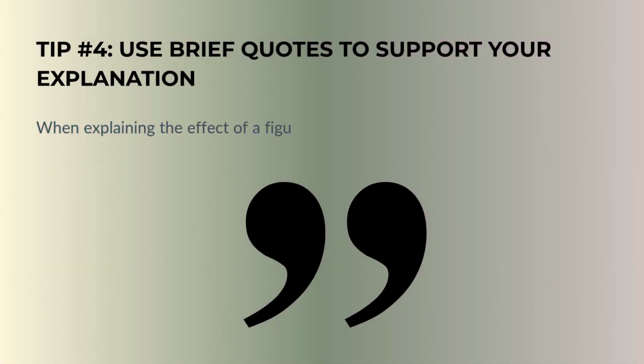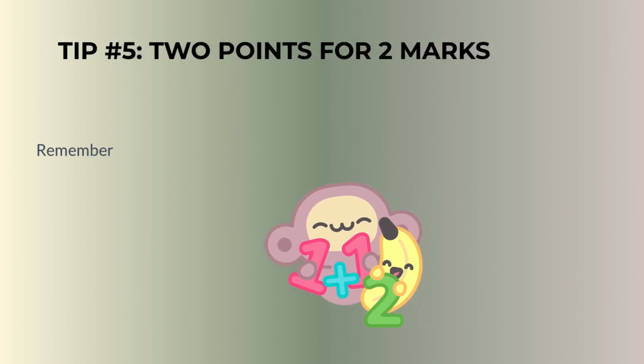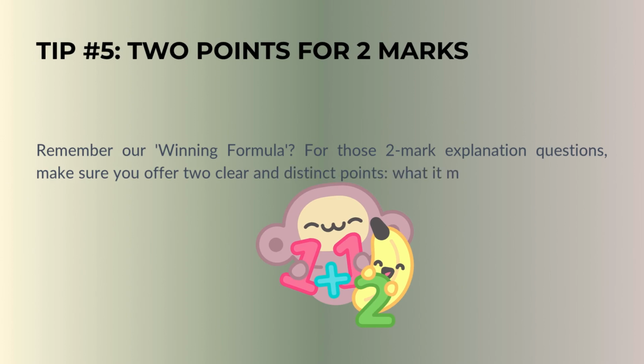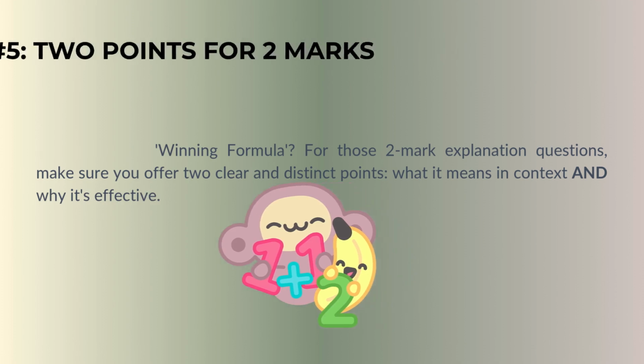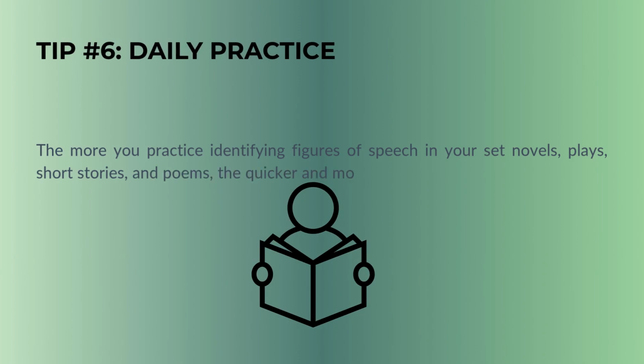Number 4. Use brief quotes to support your explanation. Number 5. For 2-mark explanation questions, provide 2 distinct points. And lastly, practice identifying figures of speech in your prescribed texts daily.